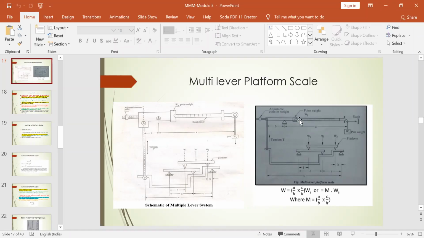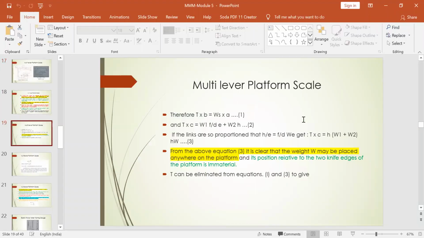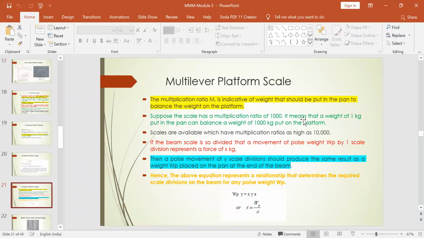So it shows the variation, the measurement of force on the scale. If it moves 1 unit, then it is 1 kg. If it moves more than 1 unit, accordingly you have to consider the applied force in terms of kgs.